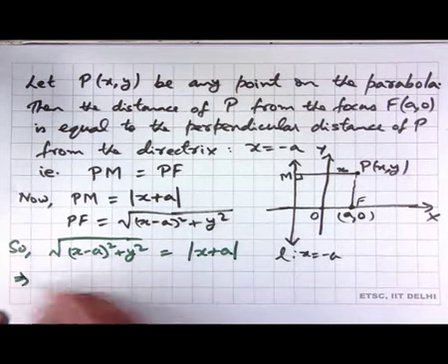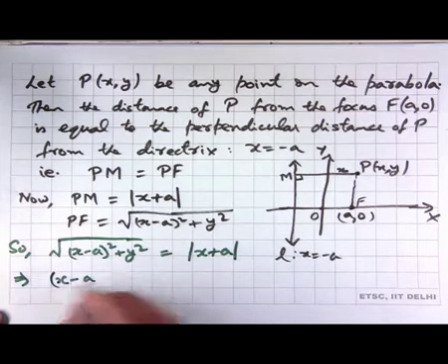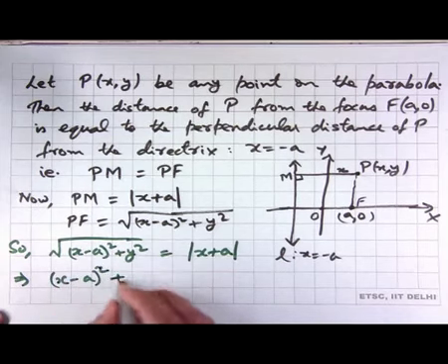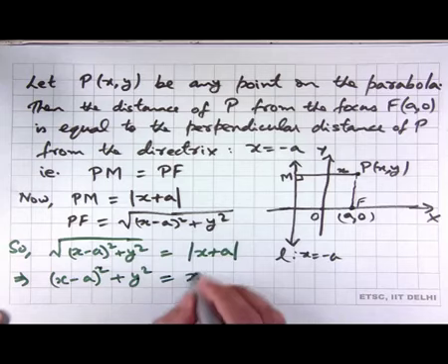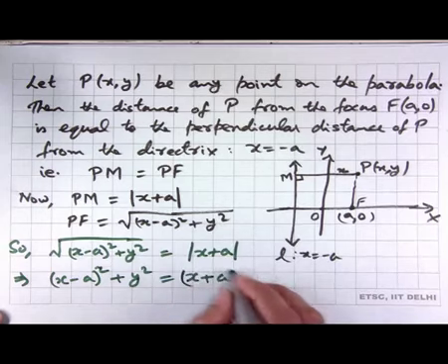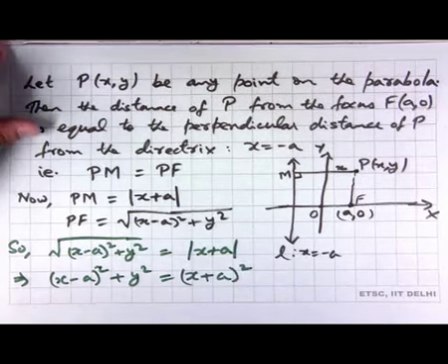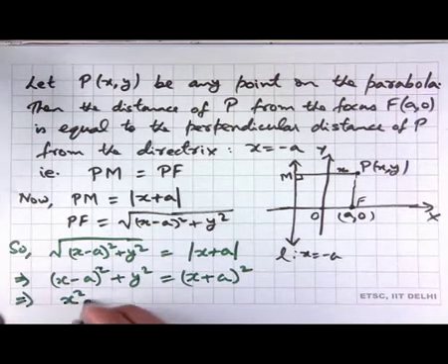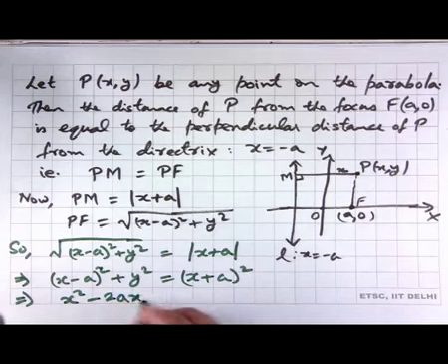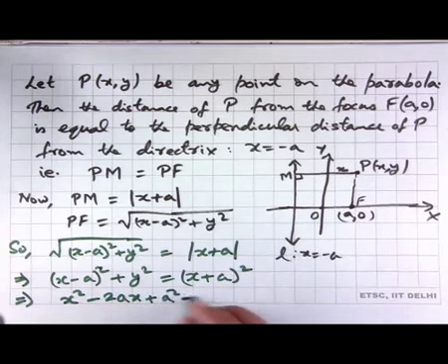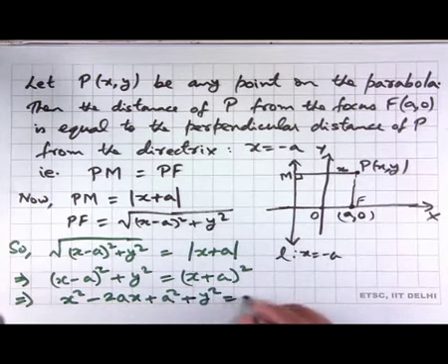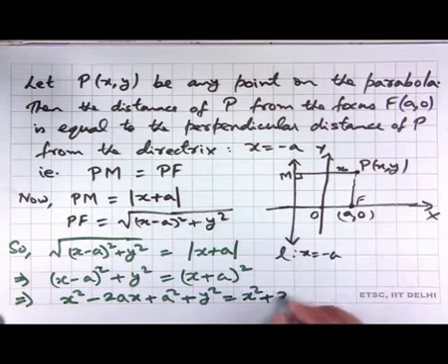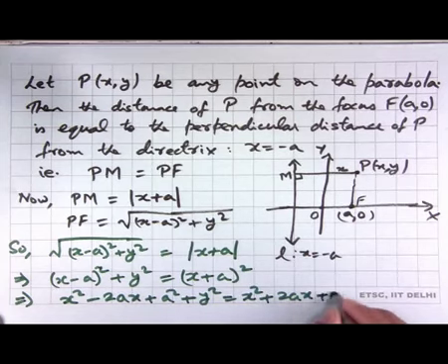Squaring we will get x minus a square plus y square is equal to x plus a square, which implies x square minus 2 a x plus a square plus y square equal to x square plus 2 a x plus a square.